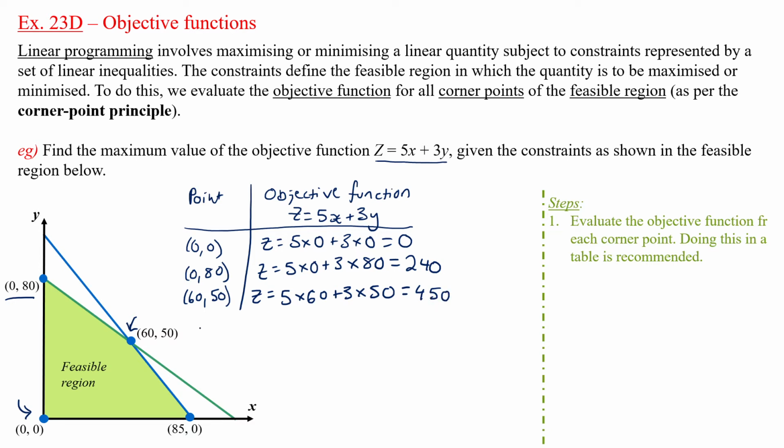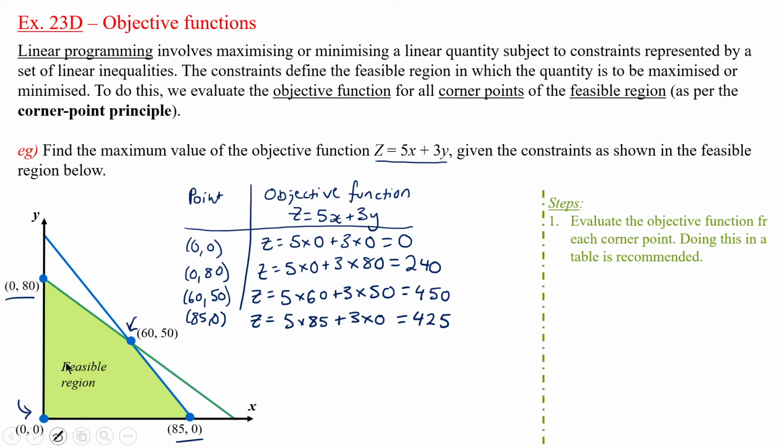Finally, our last point here at the bottom of the screen, 85, 0. Substituting in for our objective function gives us 5 times 85 plus 3 times 0. Of course, 3 times 0 is 0, and 5 times 85 is 425.